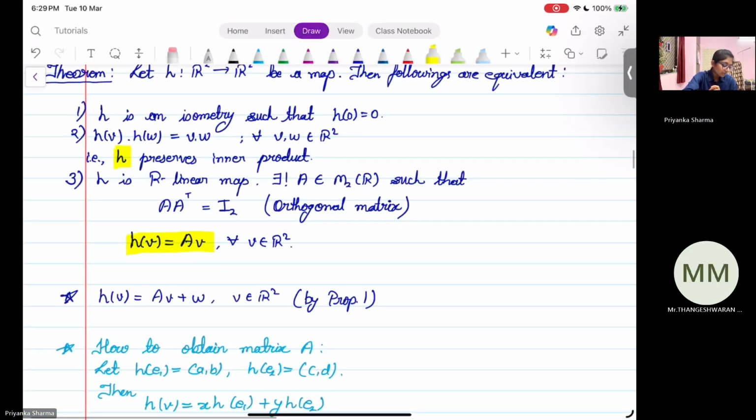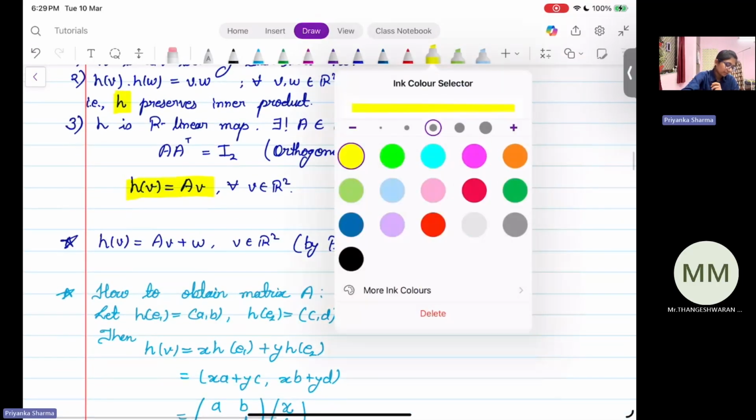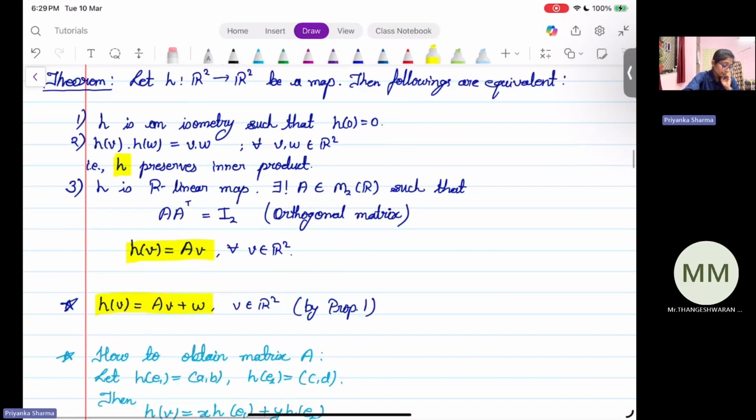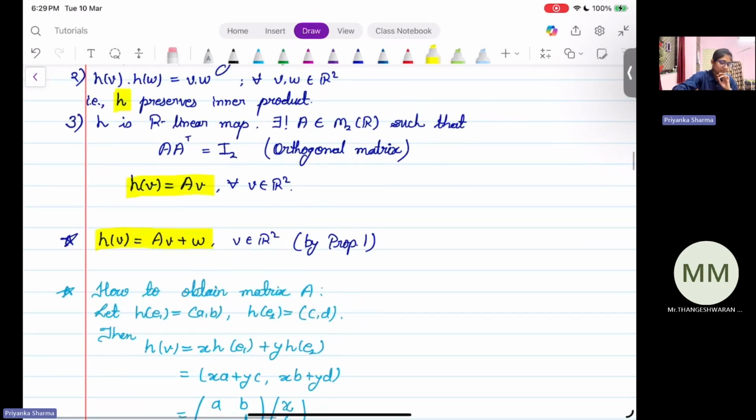In general, we can write H(V) as AV plus W. Here in the theorem, we are taking H as an isometry that fixes the origin. But if we take any isometry with the relaxation in this condition, then it will have the form H(V) as AV plus ω, where ω is again a fixed element in R².